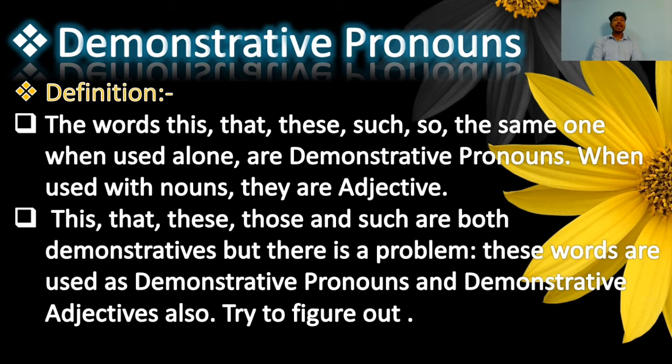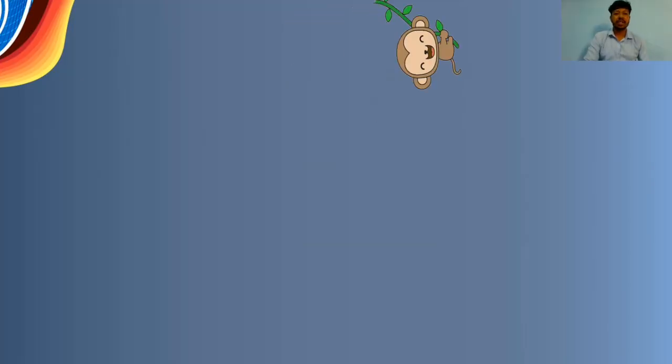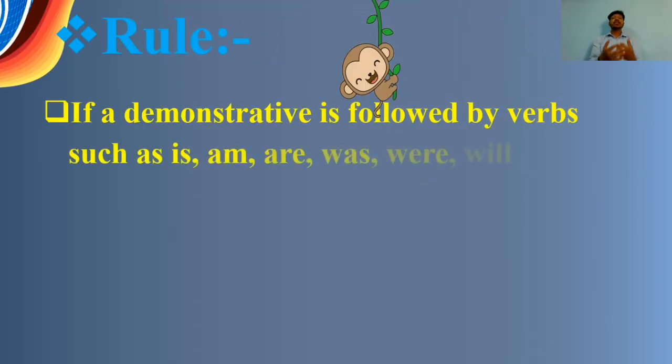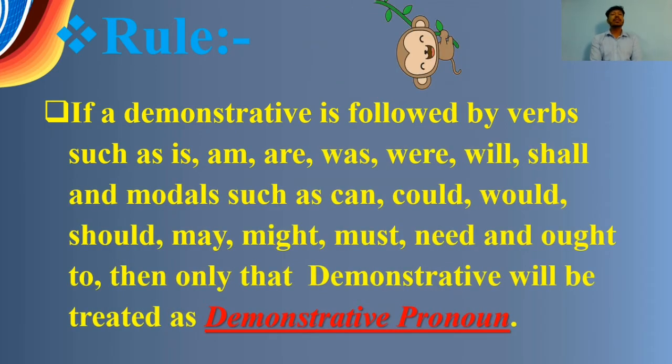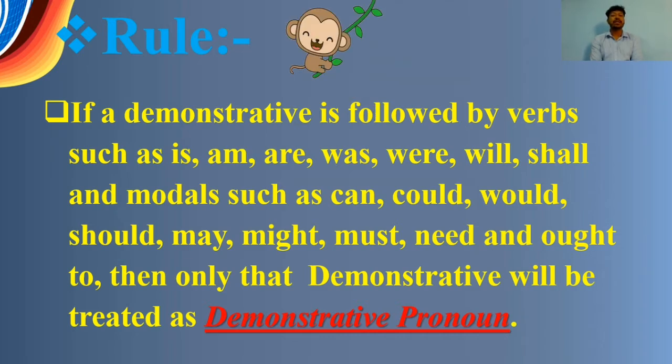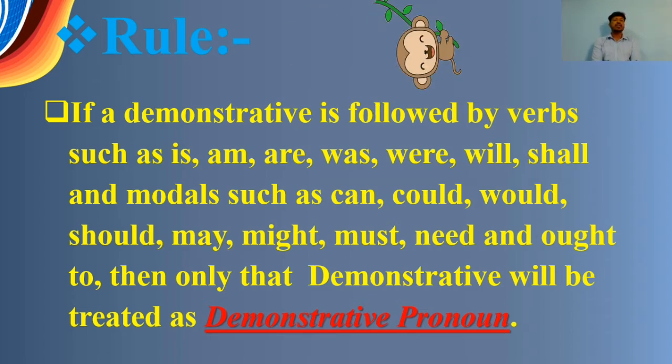Okay, so let's try to figure out in this next page. There is a rule. If a demonstrative is followed by verbs such as is, am, are, was, were, will, shall and modals such as can, could, would, should, may, might, must, need and ought to, then only the demonstrative will be treated as demonstrative pronoun.